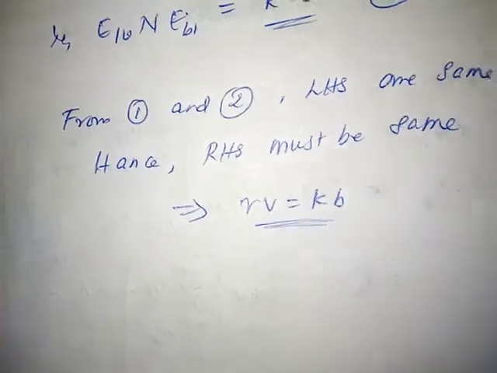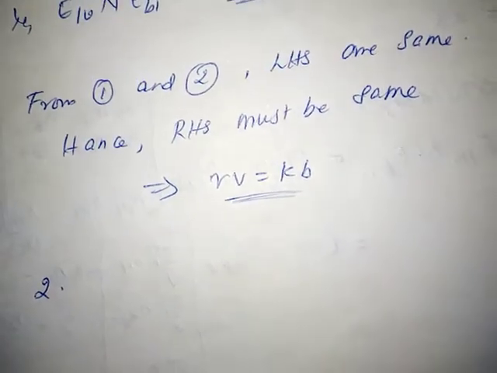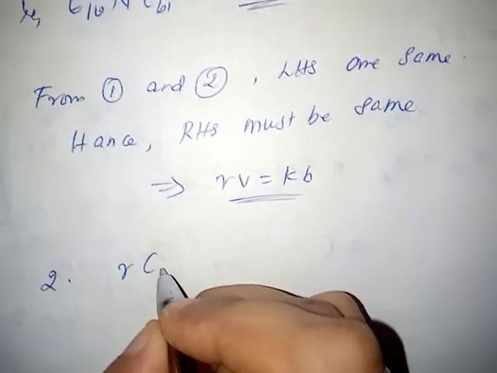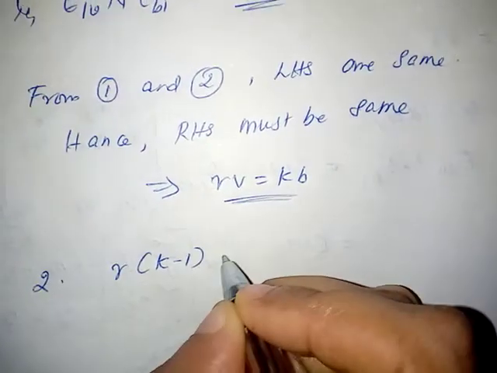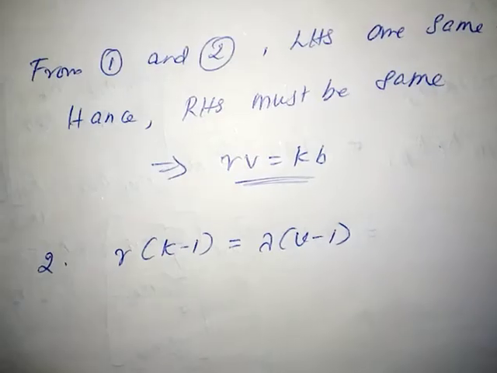Then we go for the second relation. What is the second relation? It is r into k minus 1 equal to lambda into v minus 1.